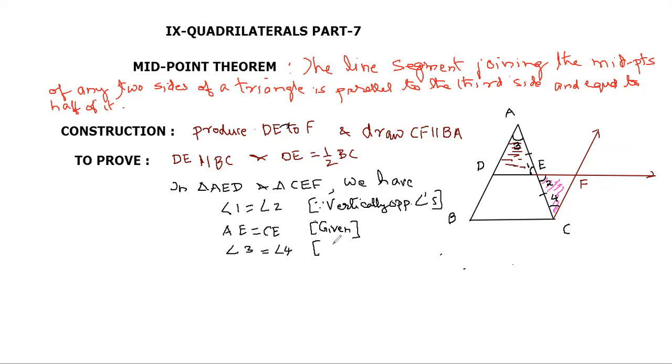I think you should write CF is parallel to BA and AC is the transversal, therefore alternate interior angles are equal.